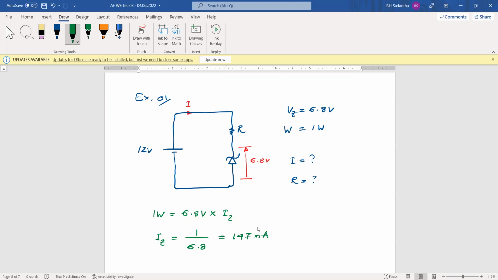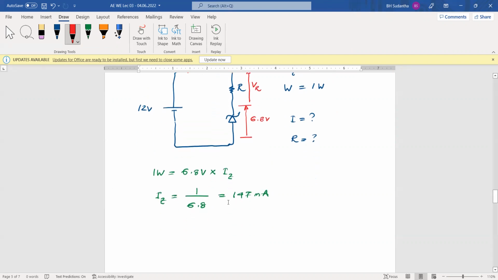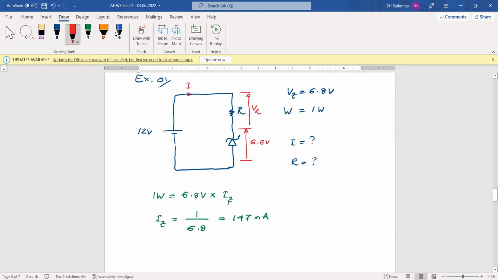Okay, now here across this resistor, this is VR. How can we find the resistor value here?